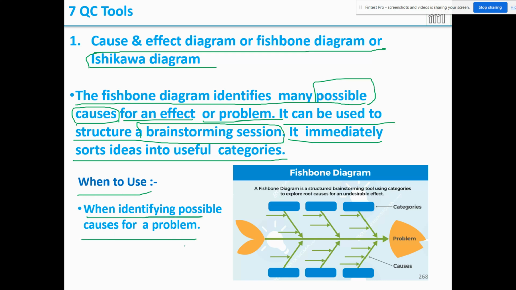See, there is a problem; to identify the possible causes, we use a fishbone diagram. A fishbone diagram is a structured brainstorming tool using categories to explore root causes for an undesirable effect. There is some problem and there are many possible causes affecting it. Since it looks like a fish, the fishbone, it gets the name fishbone diagram.